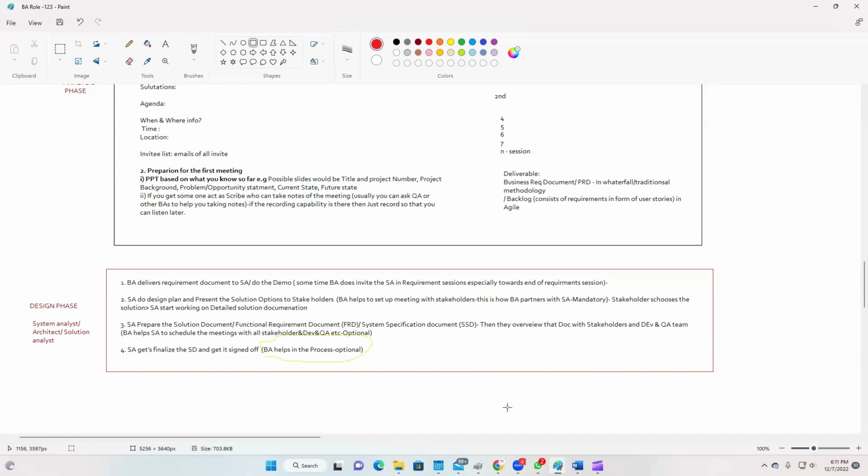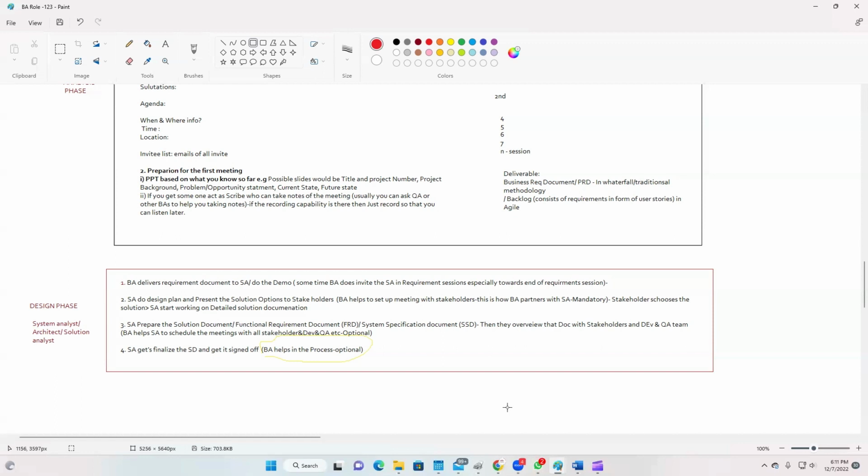Then as they come up with design or solution options, the BA partners with the SA to set up meetings with the stakeholders and helps conduct them, acting as a scribe.